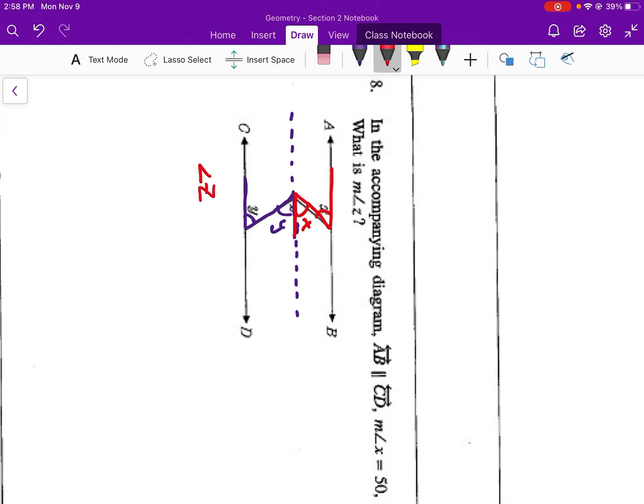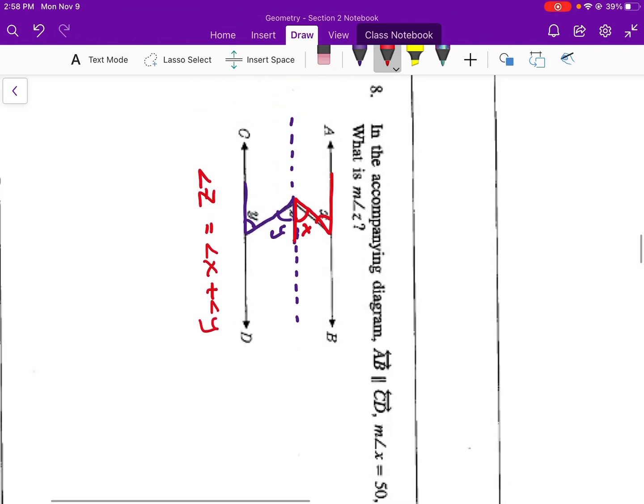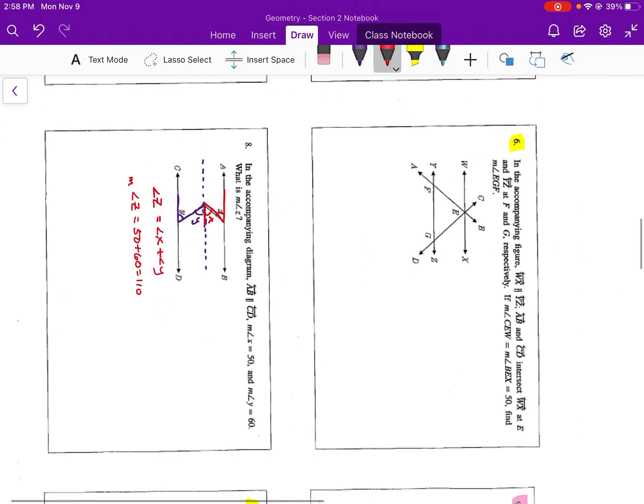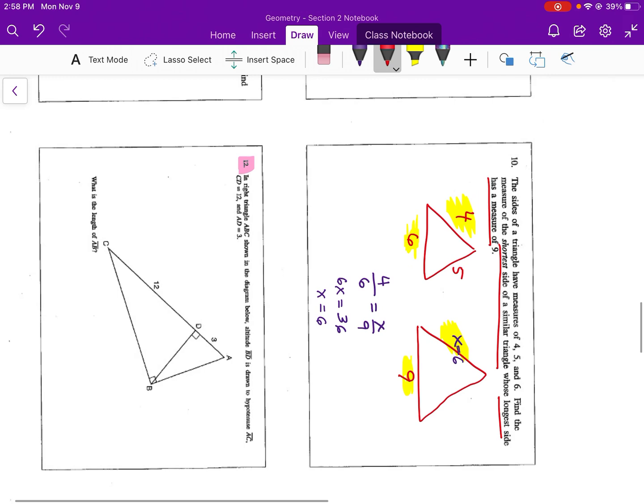So that makes angle z equal to angle x plus angle y. So x and y are 50 and 60. So the measure of angle z is 50 plus 60, which makes 110. That was easy.